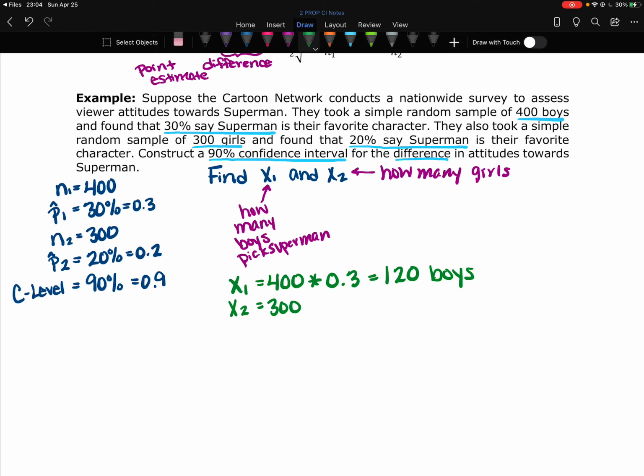X2 is going to be 300 times 0.2, which is 60. 60 girls picked Superman as their favorite.